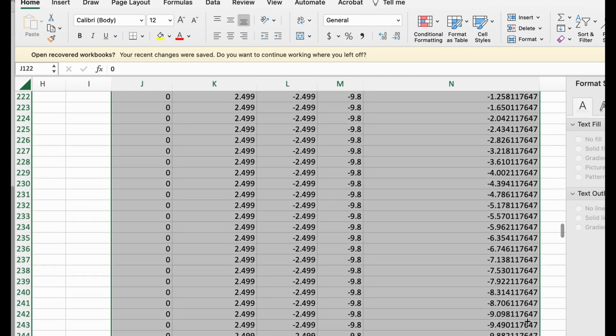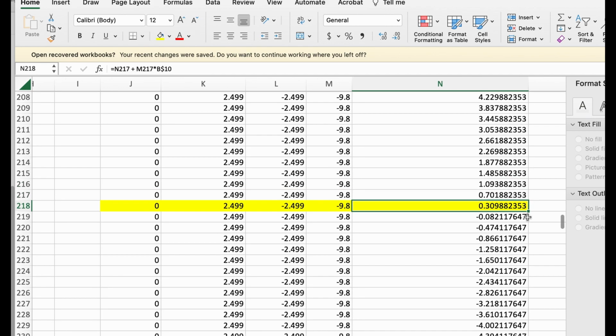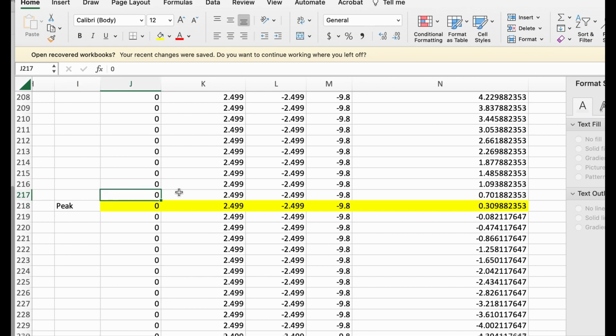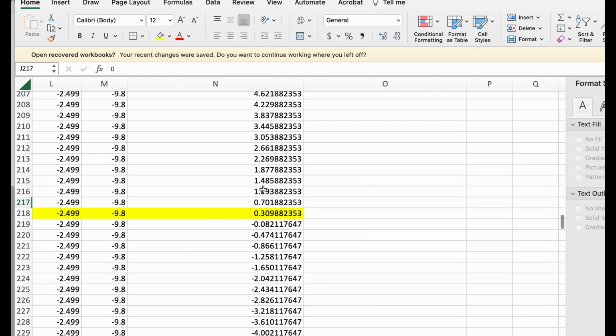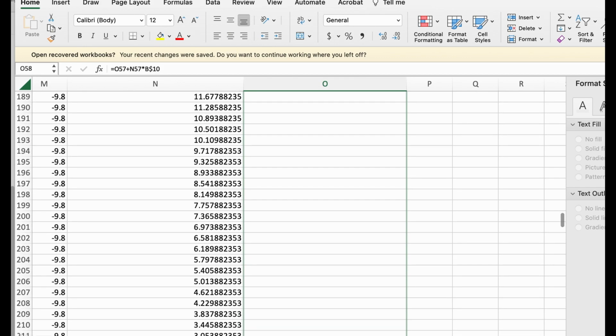Yeah, so an important point that we're looking for here is right here. This is where that velocity goes to 0. So this really must be the peak of this motion. Carry our position calculation down, see how high this thing goes.